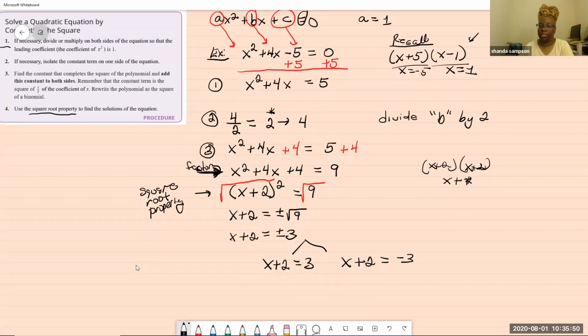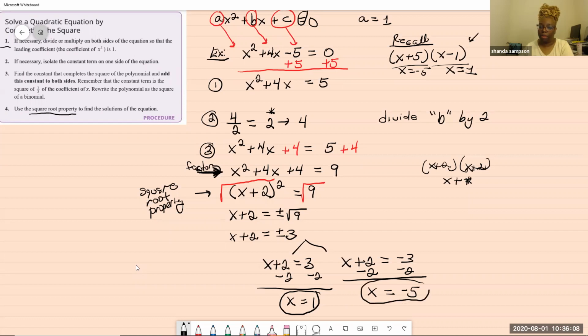Subtract 2 from both sides on this one. You get x is equal to 1. And then subtract 2 on this side, and you get x is equal to -5. Which is the same answer we got because the problem was factorable. Okay, the problem was factorable. So we got the same answer.